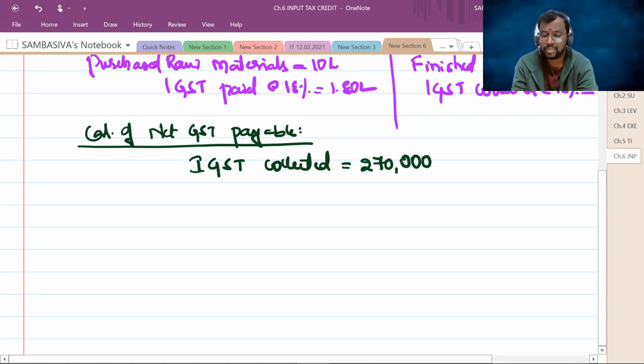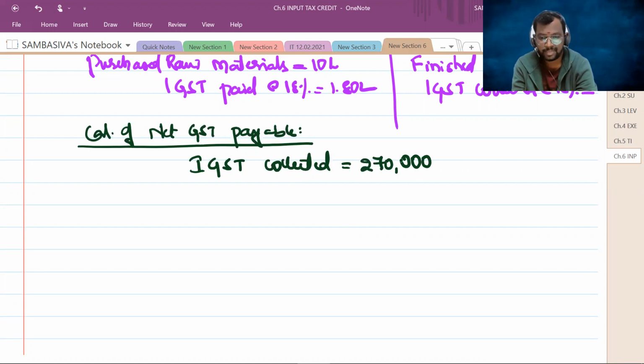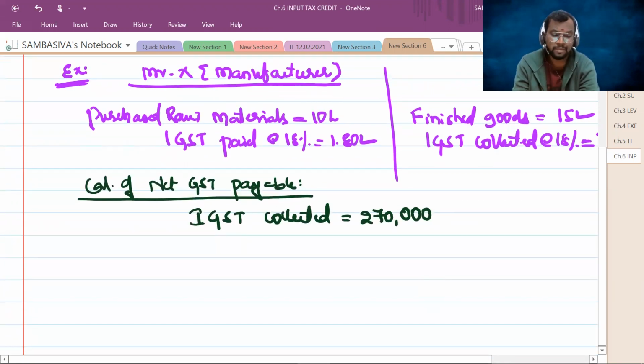The answer is no, not required, because at the time of purchase of the raw materials, he already paid 1,80,000 IGST. This is what we call input IGST paid.